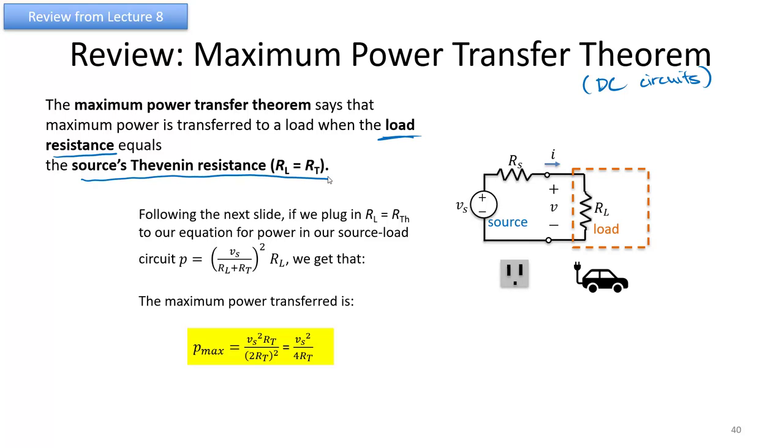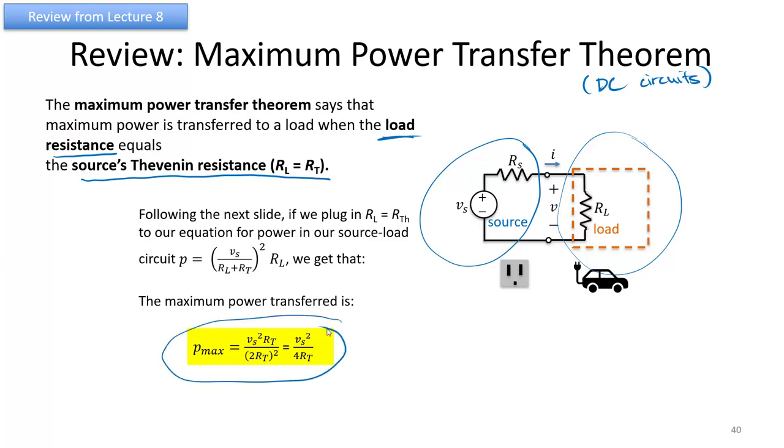And so we saw that in order to maximize the transfer between a source and a load, for DC circuits, load resistance needed to equal the source's Thevenin resistance. And we also learned that if maximum power transfer conditions were met, then we could calculate the maximum power we would be able to transfer. So this was the case for DC circuits. Let's see what happens in AC circuits.